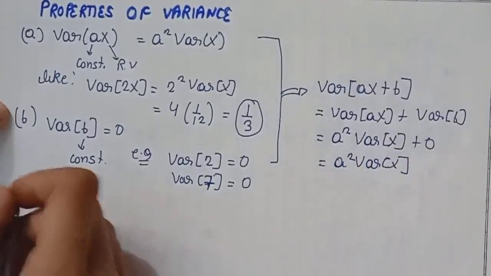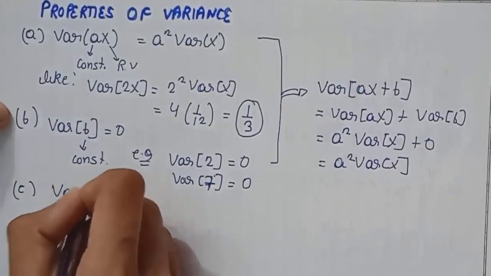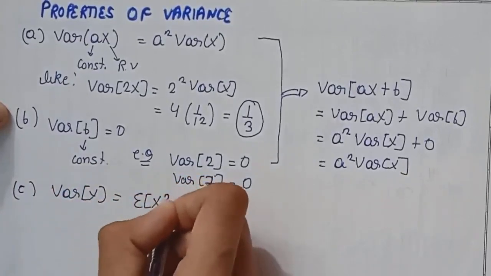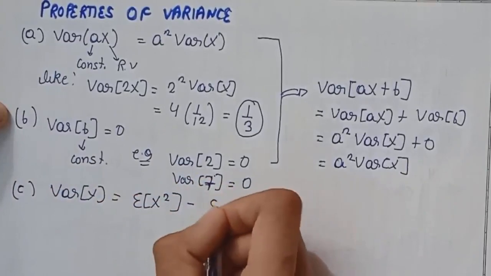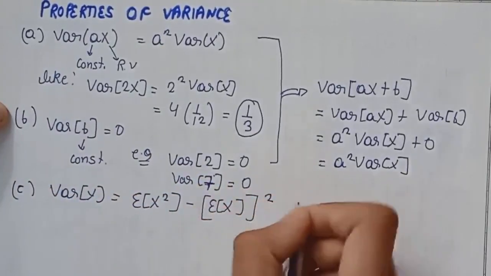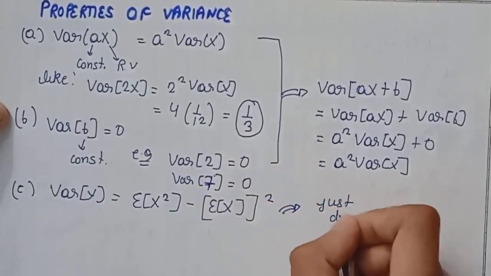Now let us move on to another property, which is variance of x is equal to expectation of x square minus expectation of x whole square. We have also just derived this property.